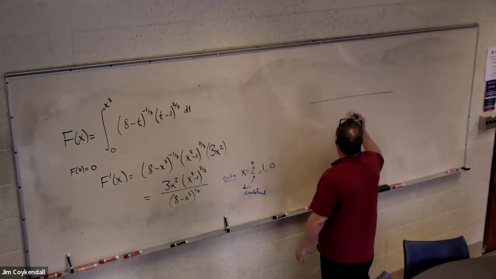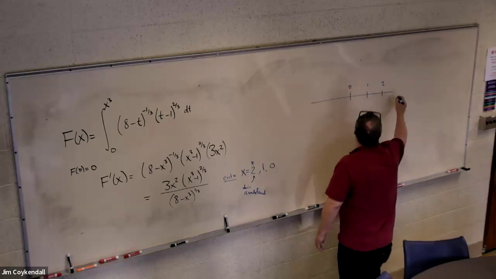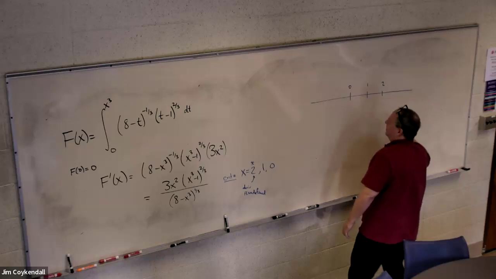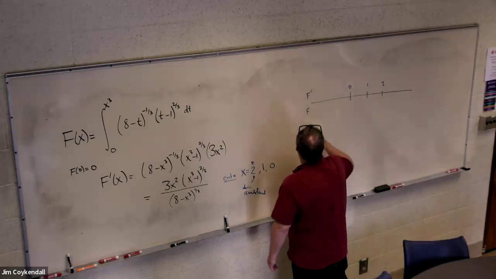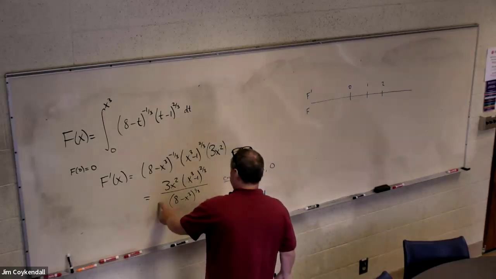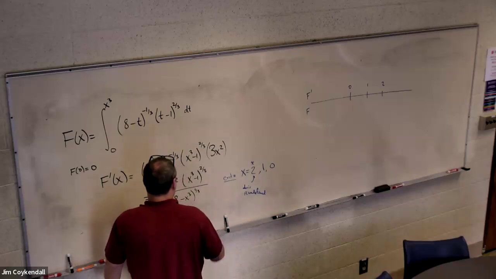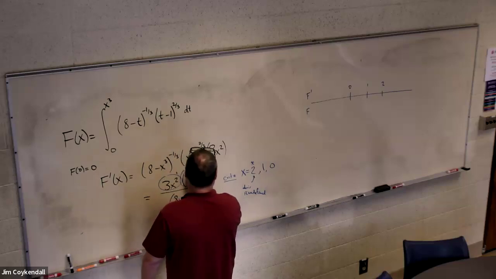So I got critical numbers 0, 1, and 2. And like I said, my handicap here is I'm not 100% sure, but maybe. Let's see what the derivative is trying to tell us. Notice this bit is positive, and this bit is positive.